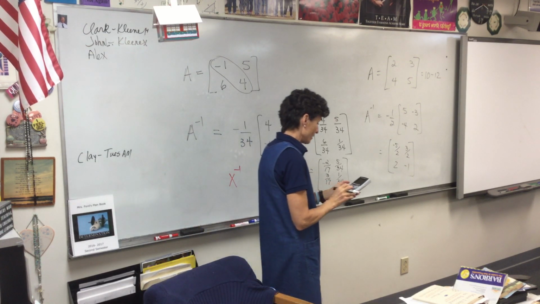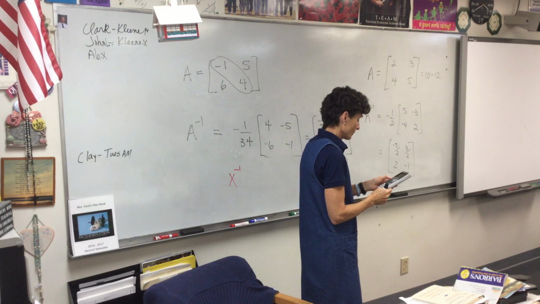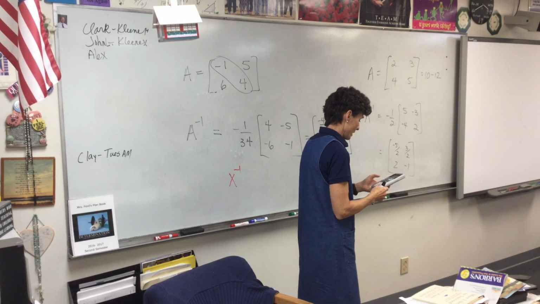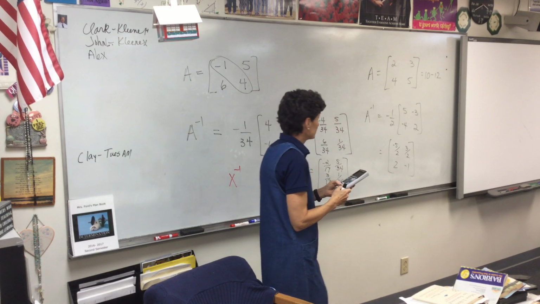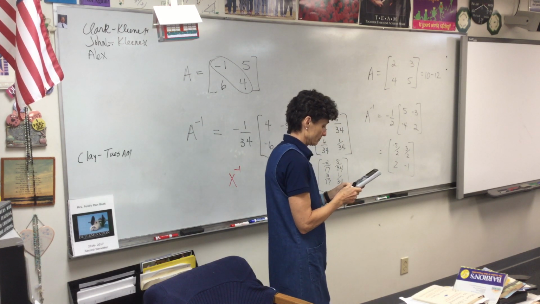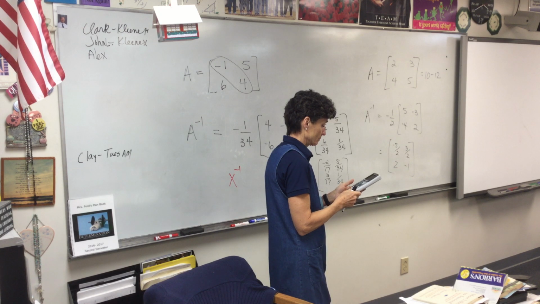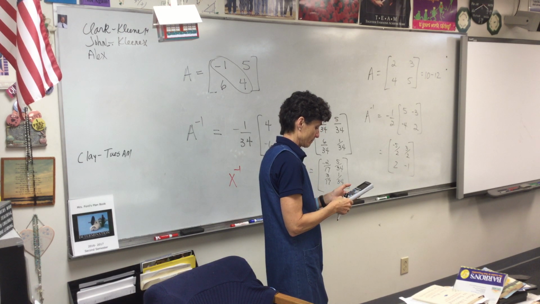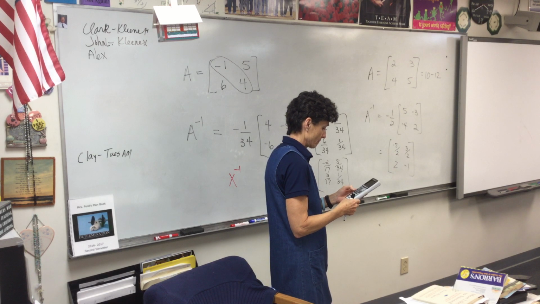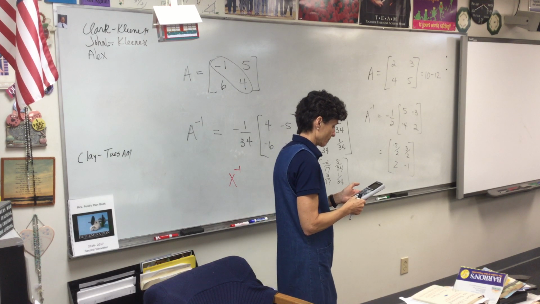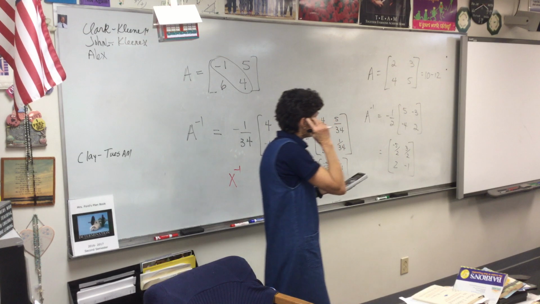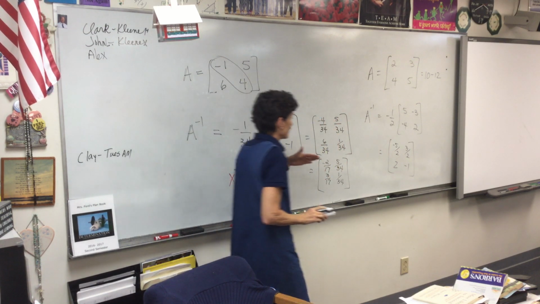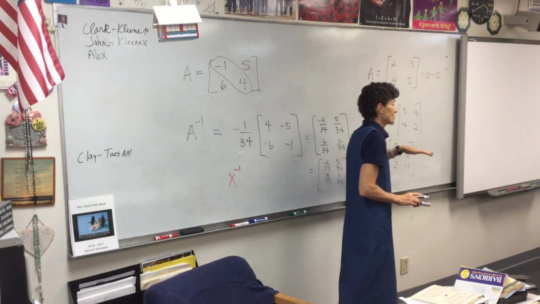Let's go back to the calculator. We need to go back to edit because we're putting in a new matrix. Now, it came out, this is easy. I mean, these are half, these are 0.5, so these are fine.